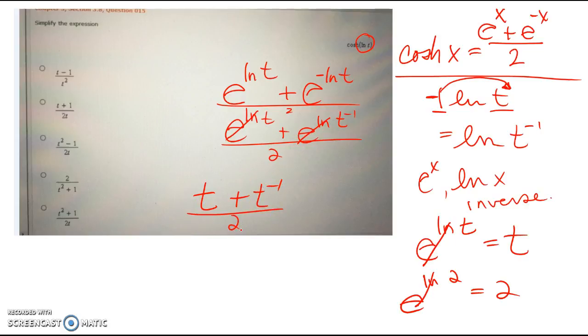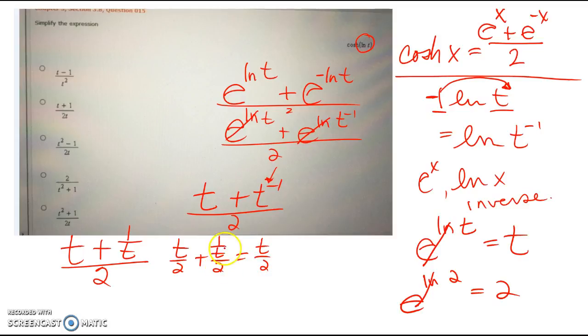Now I'm going to simplify to try to get an answer here. This becomes t to the negative 1, right? That means I change the position of the fraction. That would be 1 over t, over 2. I'm going to rewrite these as separate fractions. It's t over 2 plus 1 over t, over 2. Right, t over 2 stays the same. If I divide by 2, it's the same as multiplying by 1/2, which means 1 over 2t.